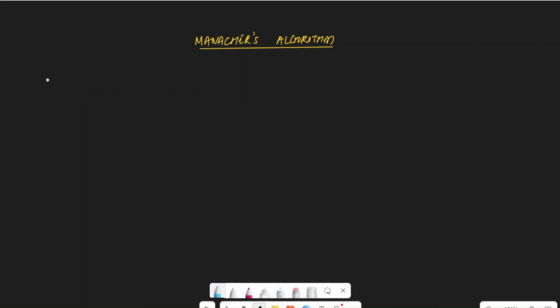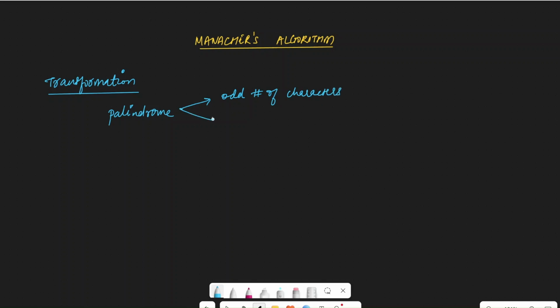So the first is called transformations. Whenever we have to solve this problem, the first thing that comes to mind is our palindrome. It could be with an odd number of characters, or it could be with an even number of characters.